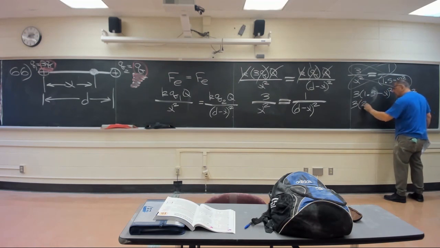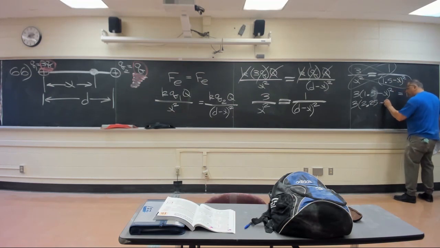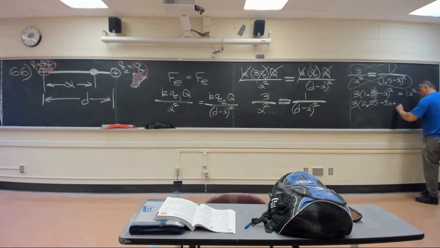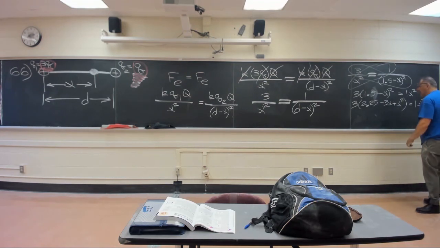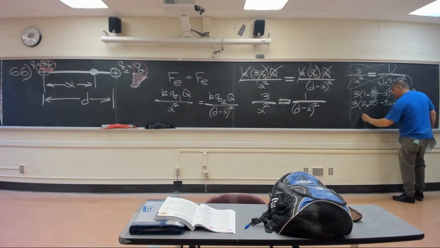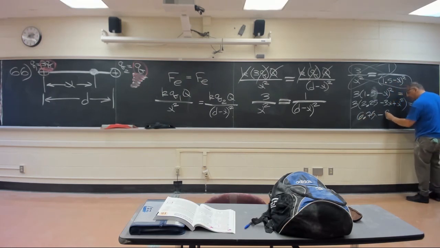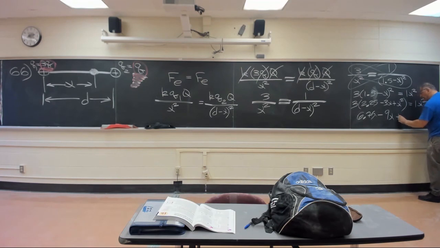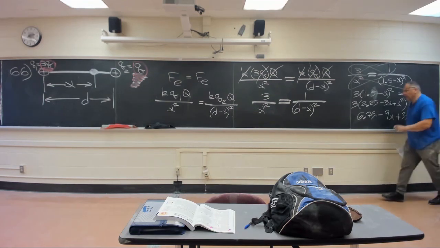Do all this. 2.25 minus 3x plus x squared. Multiply across here. We got 6.75 minus 9x plus 3x squared equals 1x squared.